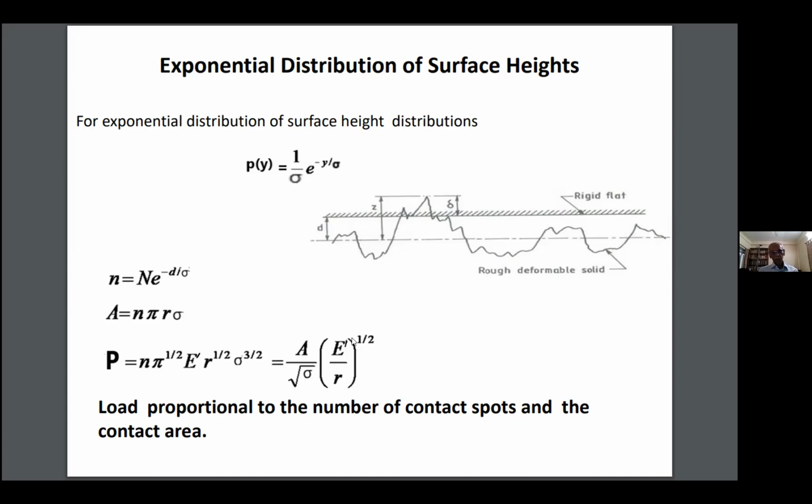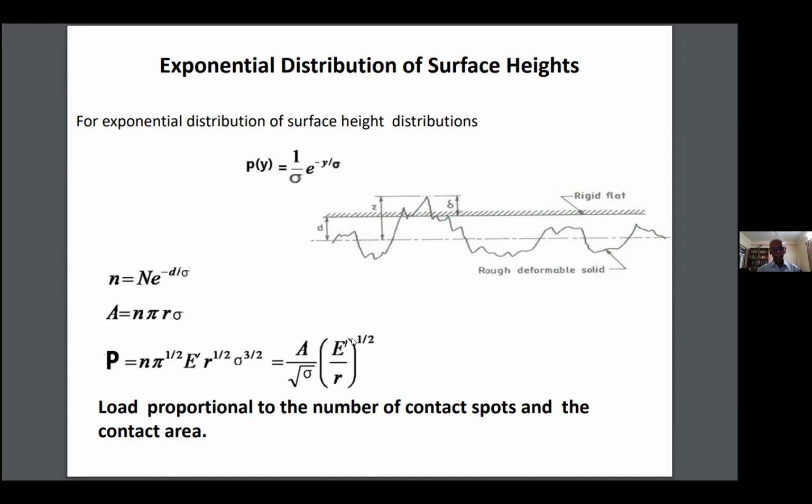So it is important to understand here that the load decides how many asperities will be deformed and what is the contact area. And the contact area, as we discussed before, may or may not be same as the apparent area. In fact, in most cases, it will not be the same as the apparent area.